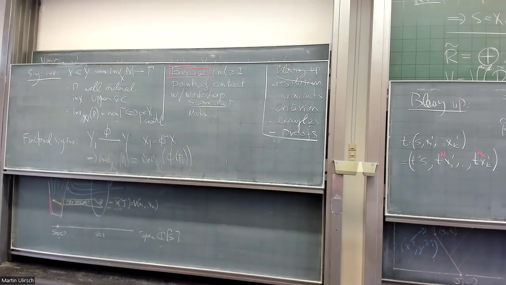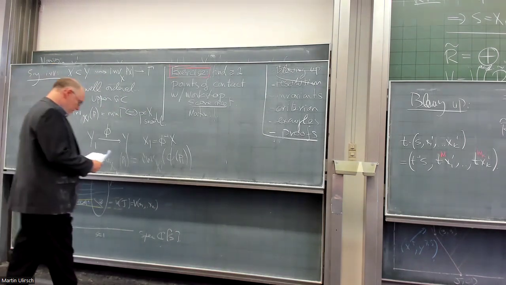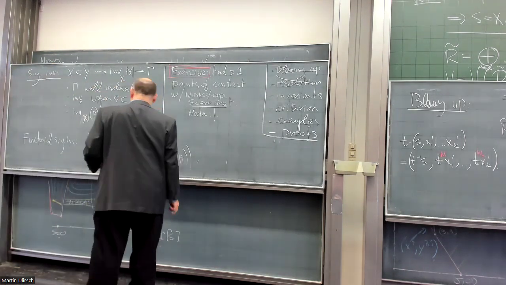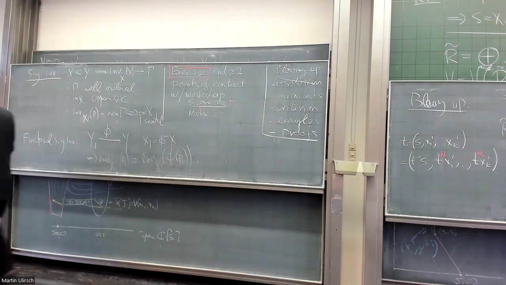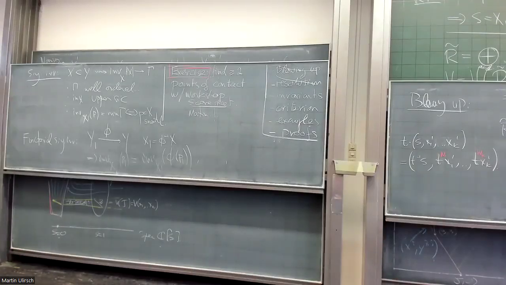Right? So I want the invariant to not care if I do a smooth morphism. So in some sense, it should depend on the codimension of a locus rather than the dimension.